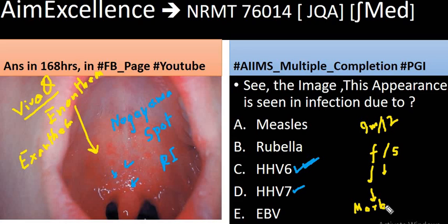So they can ask you what is your treatment of choice. They can give you options like antiviral drugs and also steroids. This is an integrated clinical MCQ, and luckily roseola infantum is actually self-limited, so you don't have to bother about the treatment that much.